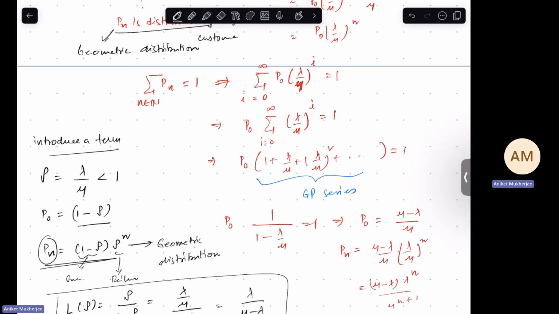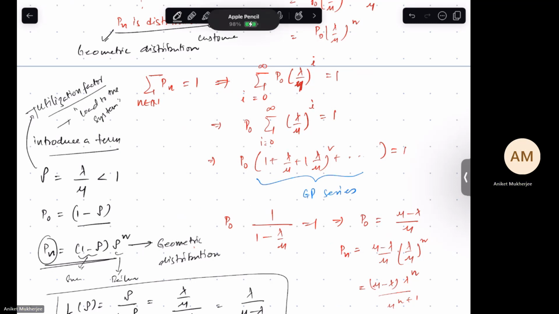Now, mu minus lambda by mu is a big thing to remember. So we introduce a new term known as rho, which I'll be calling from now on the utilization factor, or the load to the system. Now, rho is defined as lambda by mu.